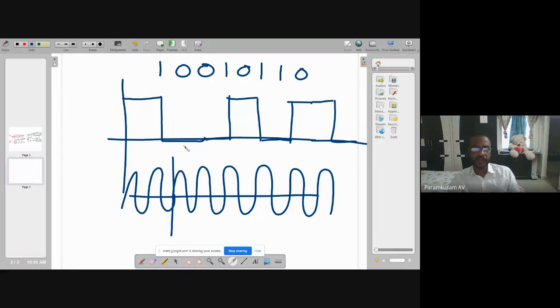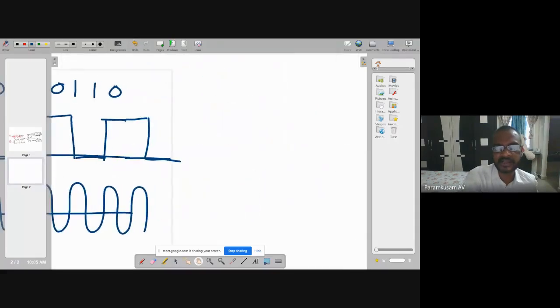Whereas in amplitude modulation, there also the amplitude of the carrier is varied according to the amplitude of the message signal. There, the message signal is an analog signal like this.